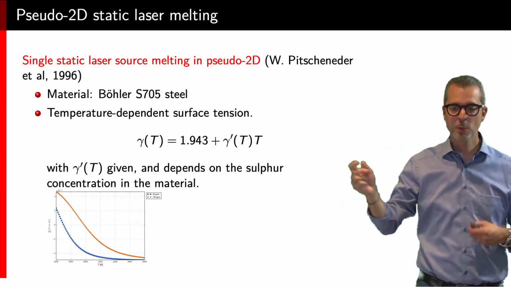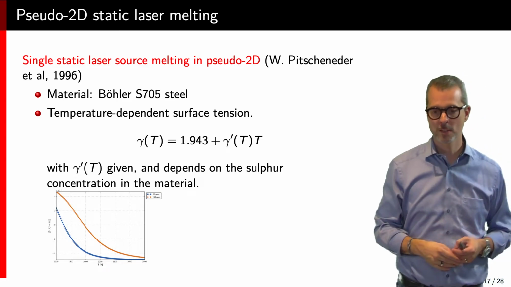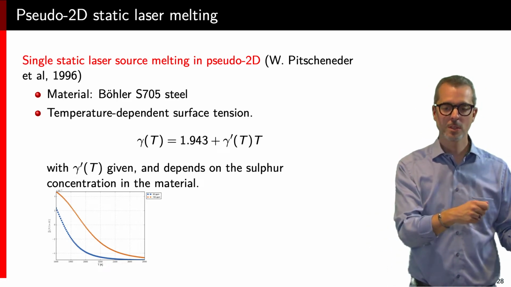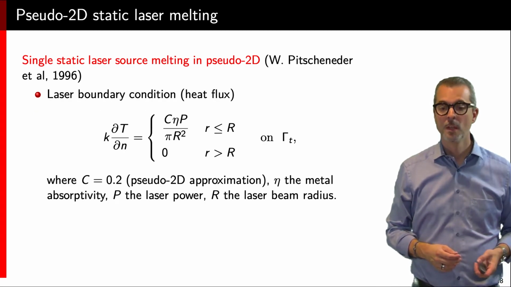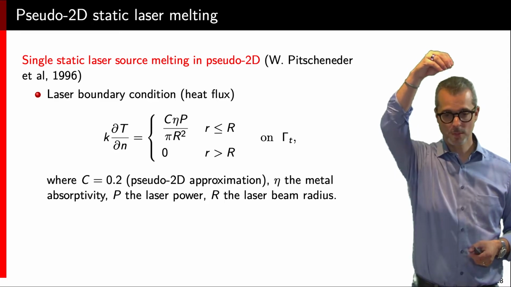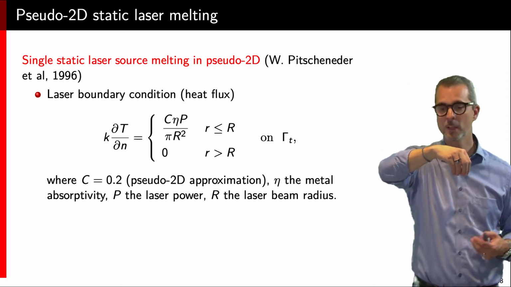And we consider two types of material, actually two types of sulfur concentration in the material, that will give us two different behaviors for this gamma prime. As for the laser, we impose it at the top as a boundary condition on the metal, like a heat flux.